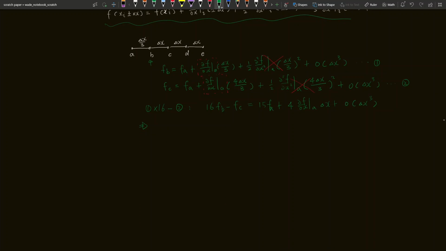Hence we can manipulate the equation and find that the first order derivative at the fixed point A equals (16 f(B) minus f(C) minus 15 f(A)) over (4 times delta x). And the error term is delta x cubed over delta x. So basically what we got here is a second order accurate finite difference discretization scheme.